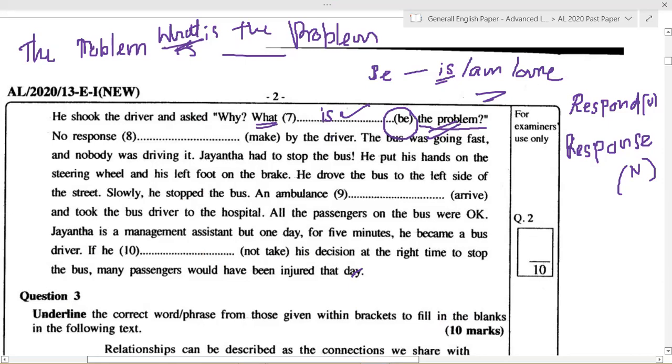No response. හරි. දැන් මෙතන by සමග කර්තෘ driver ගෙන් තමයි response එකක් නැත්තේ.